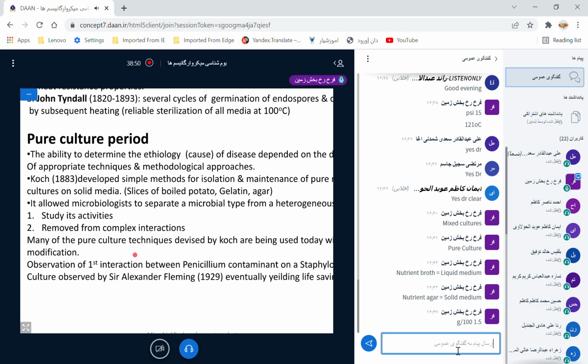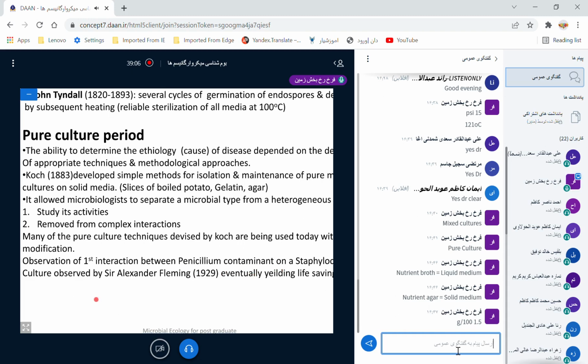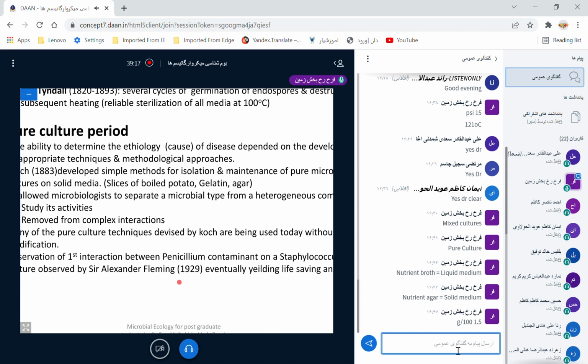Many of the pure culture techniques devised by Koch are being used today with modification. The observation of the interaction between a Penicillium contaminant and a Staphylococcus aureus culture was made by Sir Alexander Fleming in 1929, eventually yielding life-saving antibiotics.